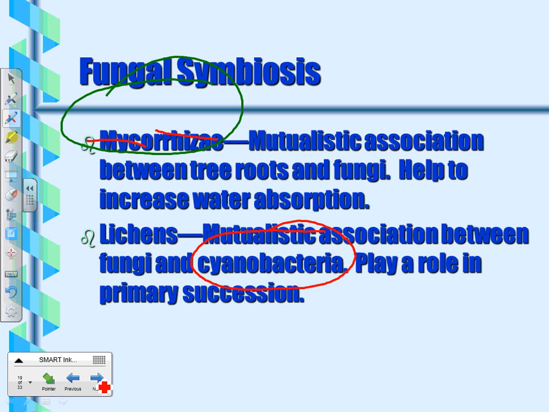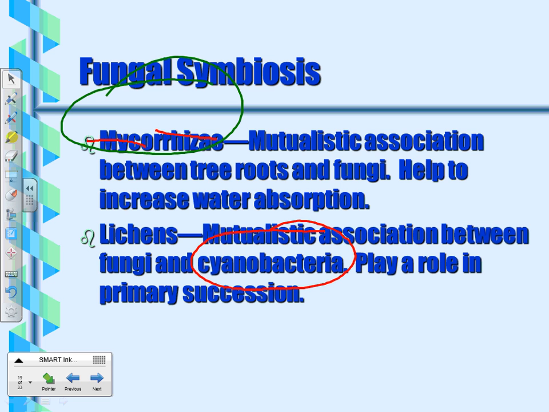Which means they can do what? What do we know cyanobacteria can do? Why are cyanobacteria called cyano? They're bluish green. They can do photosynthesis. So this is a mutualistic relationship between a fungus and a photosynthesizer.